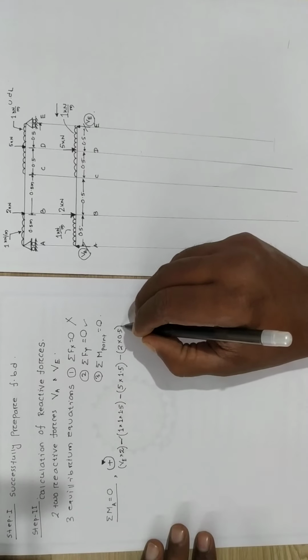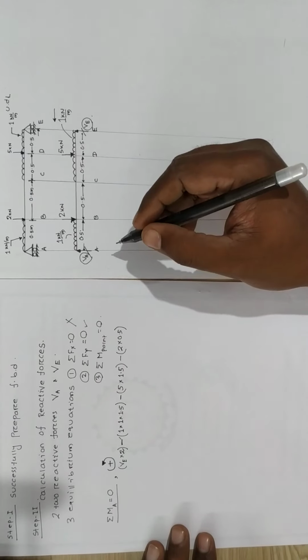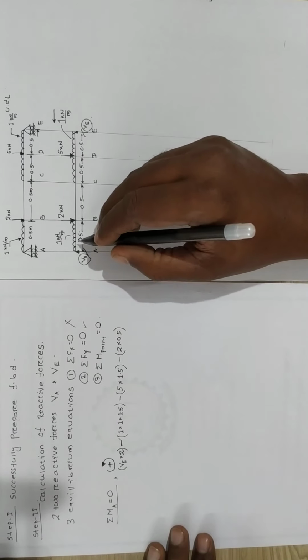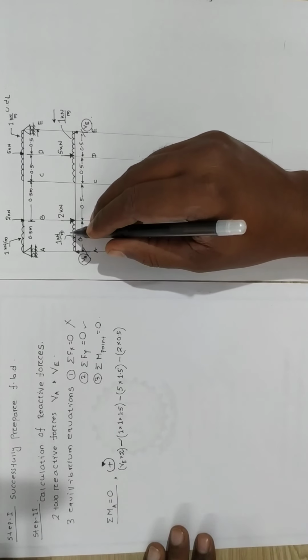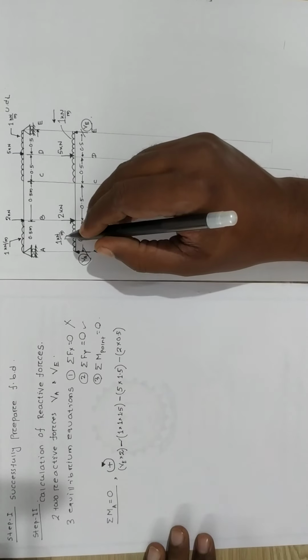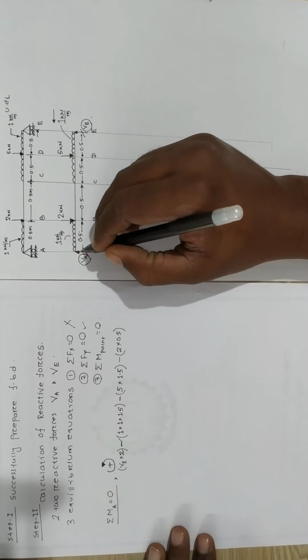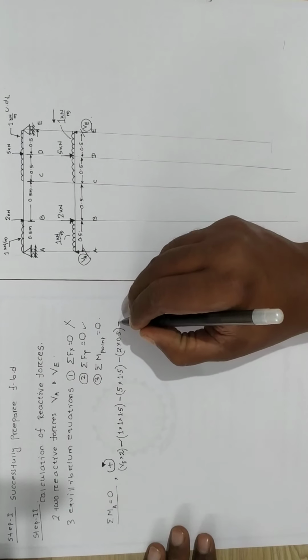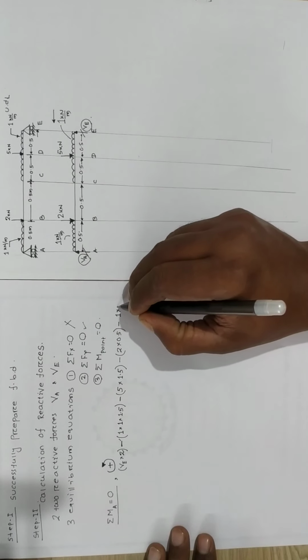Then the only force I am left with is the UDL of 1 kilonewton per meter. This 1 kilonewton per meter is spread over a length of 0.5 meter. And again, due to this UDL, what will be the moment? This will be clockwise about point A. So this will be minus of 1 into 0.5.